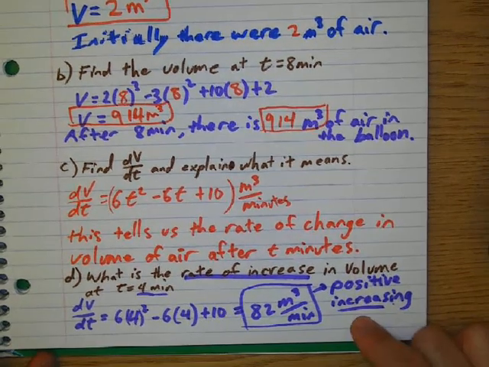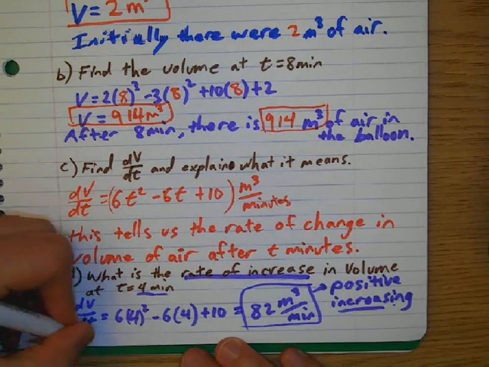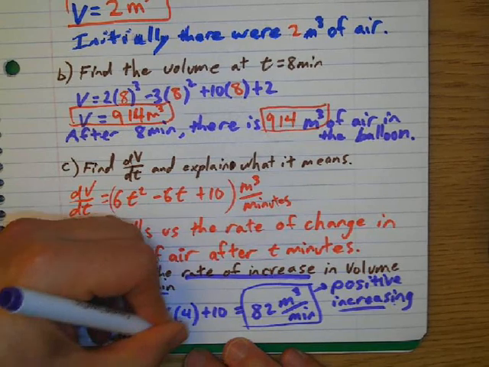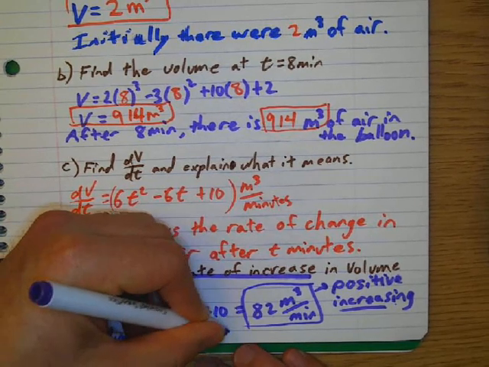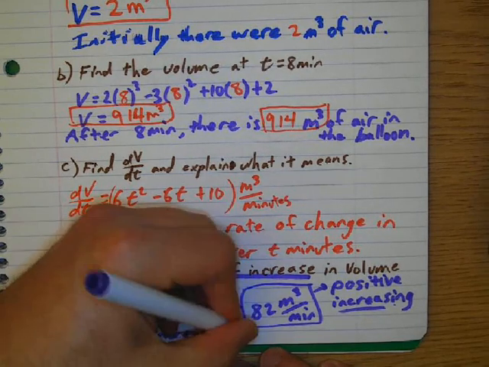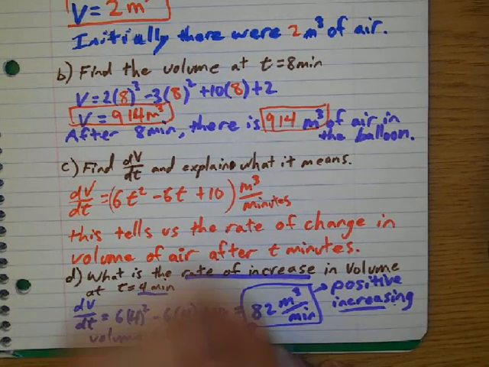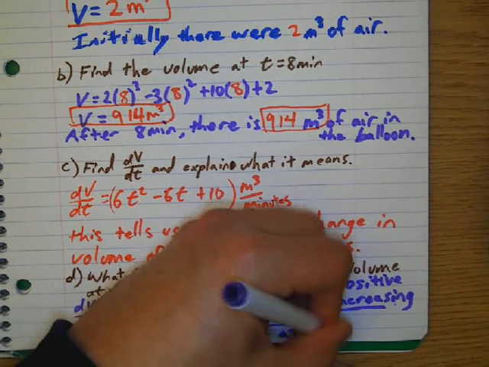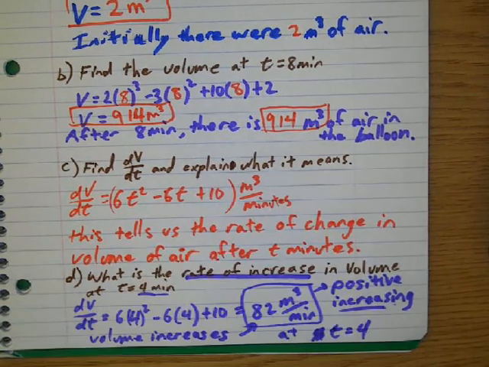So basically, the volume increases at this rate at t equals 4. Okay, and that's pretty much it.